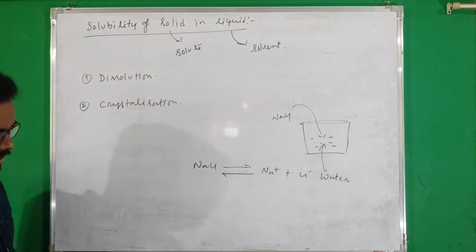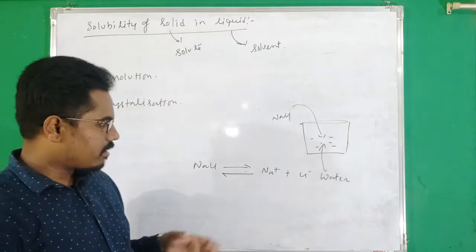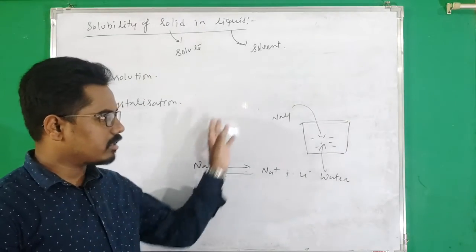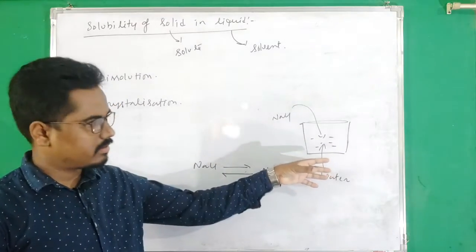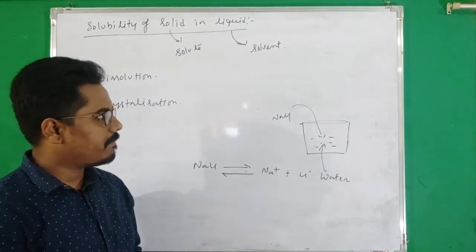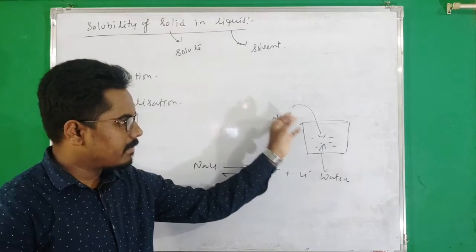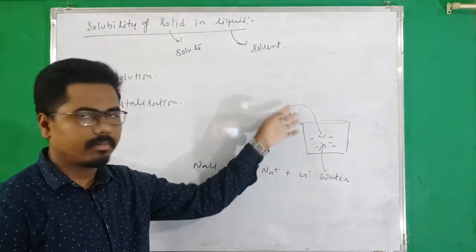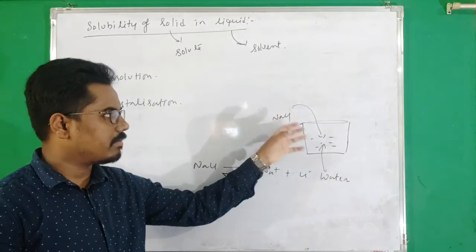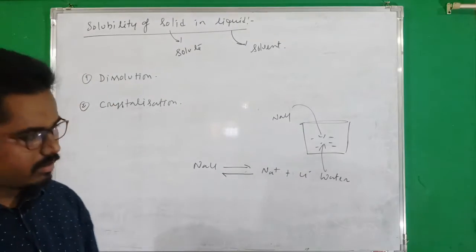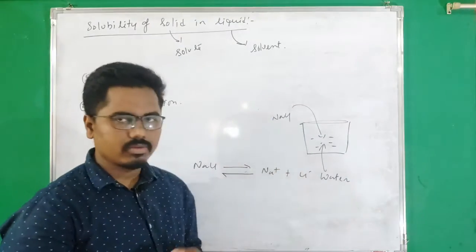Okay, suppose now I am adding sodium chloride continuously to water. Then I already told you that this water will dissolve a maximum amount of sodium chloride, and that amount is known as solubility of this particular solution.